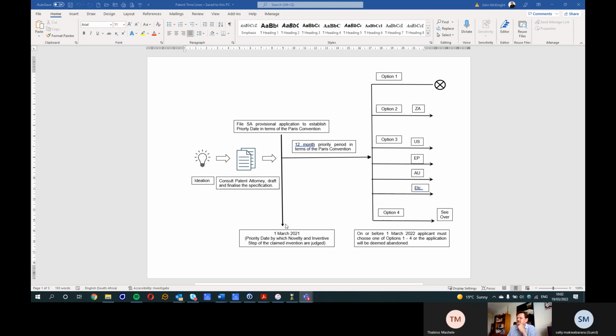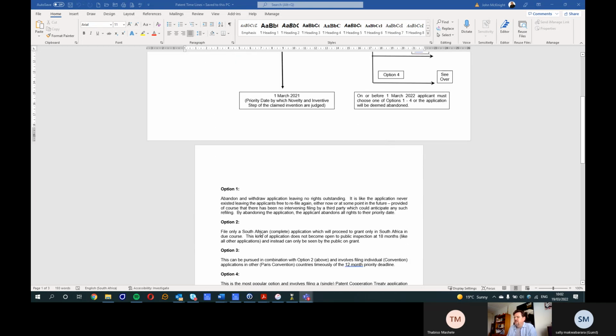I'm going to claim priority from the provisional application, 1st of March 2021, and it'll just go to grant in South Africa, and I'm good. And then I'll just have a South African patent, okay? And that's what a lot of people do. They just take option 2 to file only a South African complete application, which will proceed to grant in South Africa in due course.